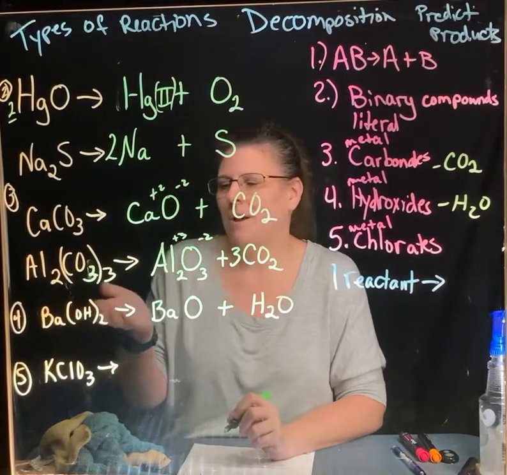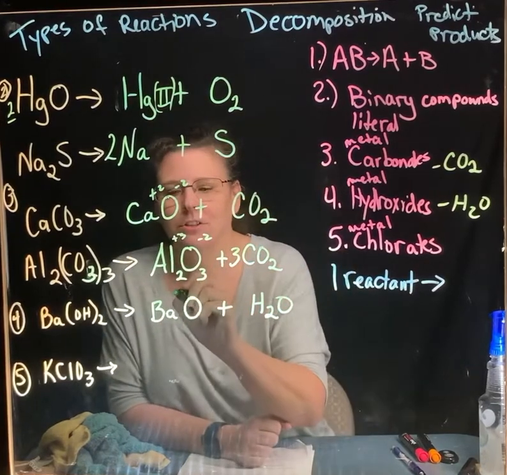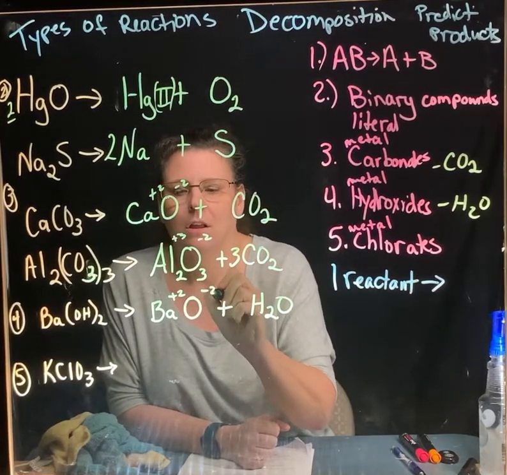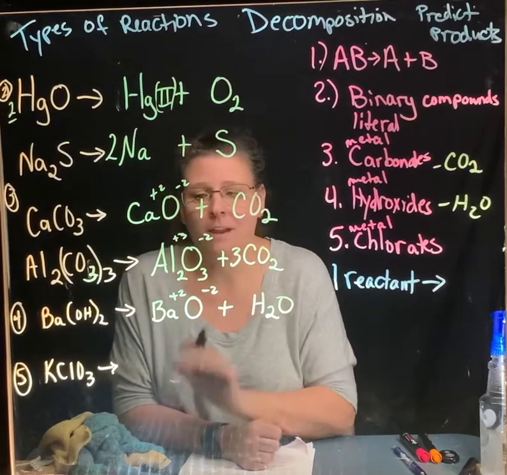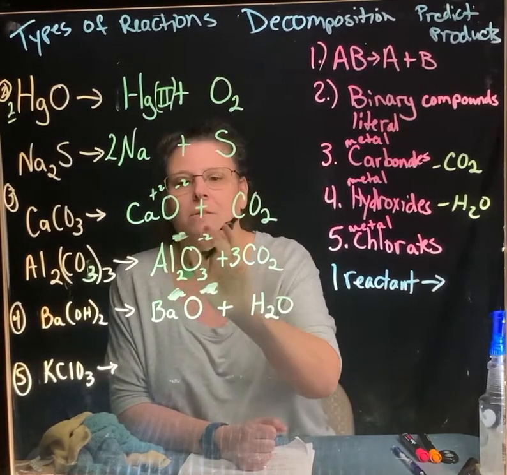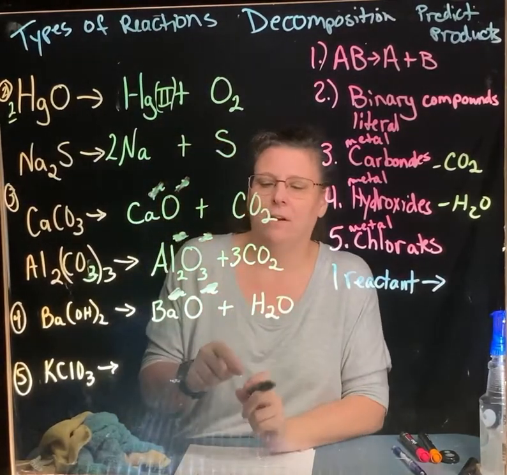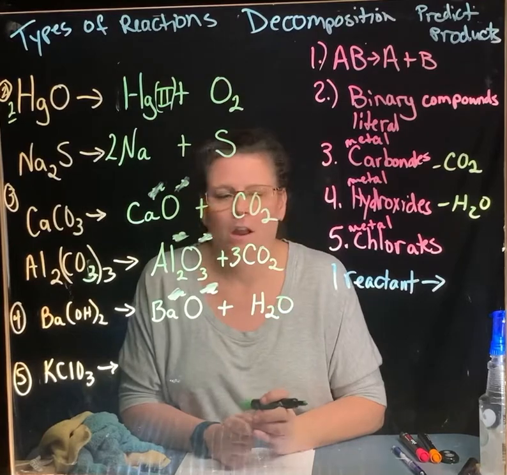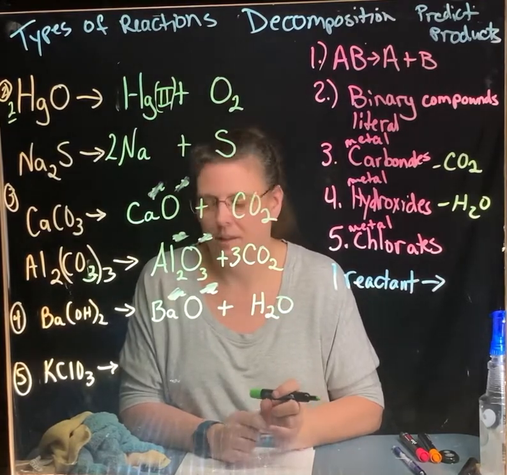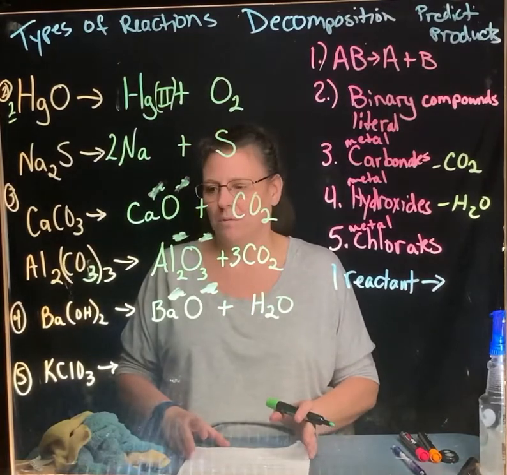So barium hydroxide breaks down into barium oxide and water. Now we have to check our charges. Well, it all balances out. The charges are balanced out. We don't need them. So BaO plus H2O. And I think we're balanced on this one. So it's a 1:1:1 ratio.